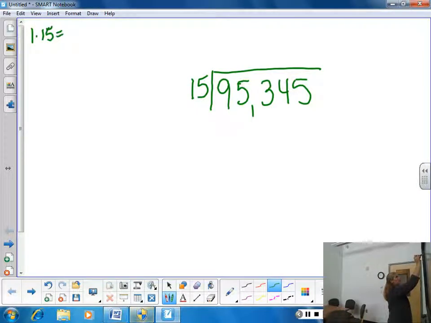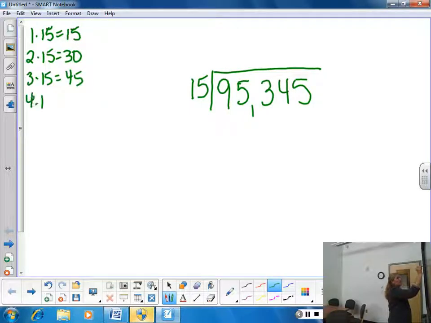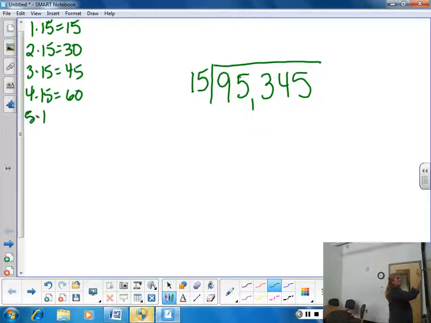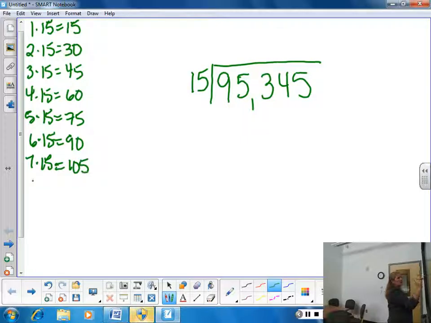Oops, I didn't need to do that one, but it's already up there. 1 times 15, add 15 more is 30, add 15 more is 45, add 15 more is 60, add 15 more is 75, add 15 more is 90, add 15 more is 105, add 15 more is 120, add 15 more, 135.